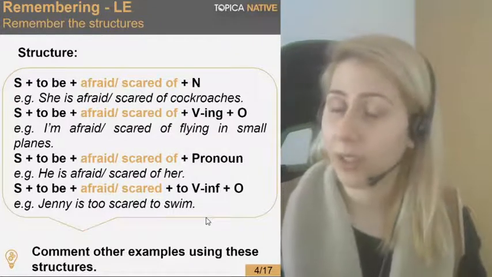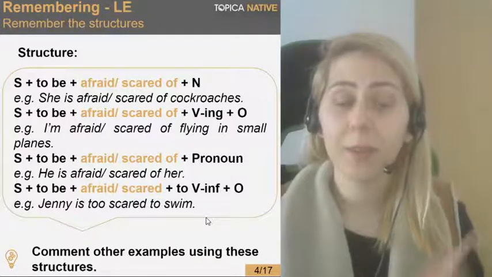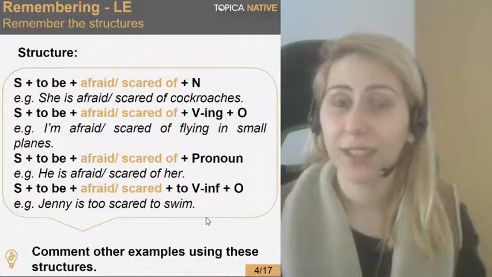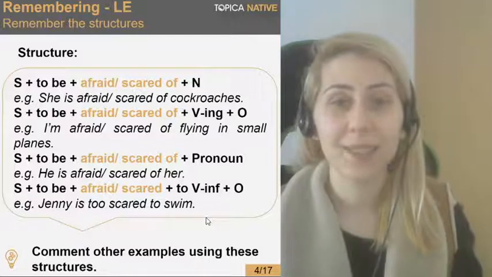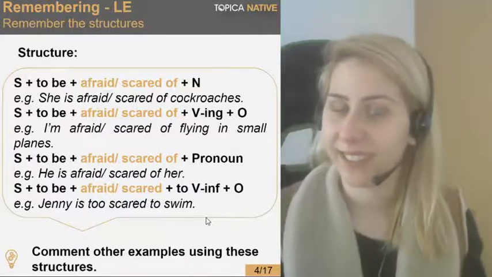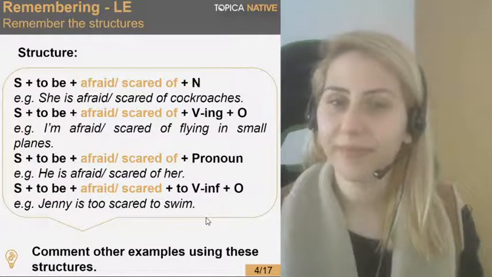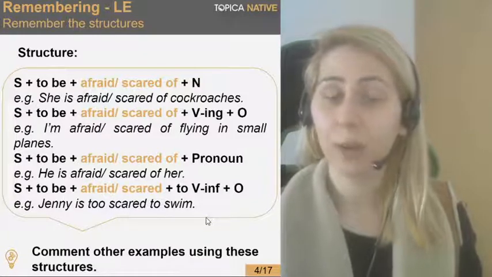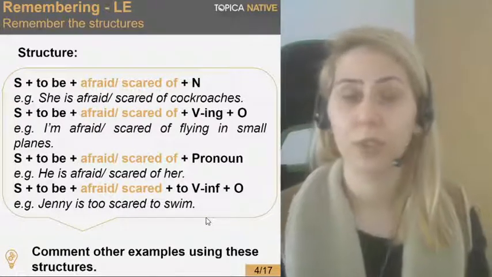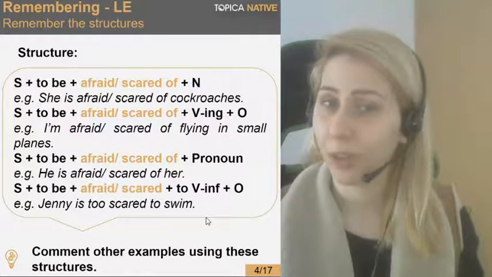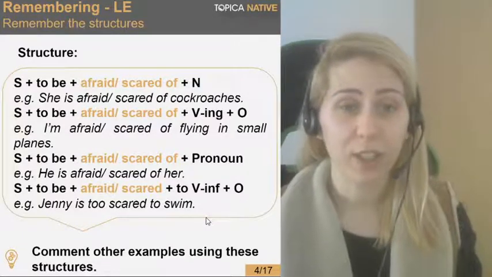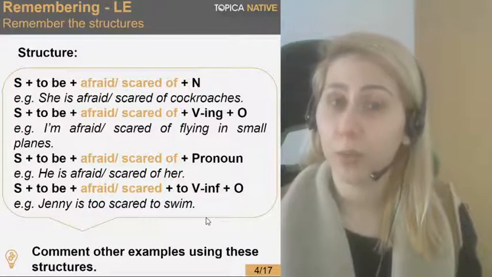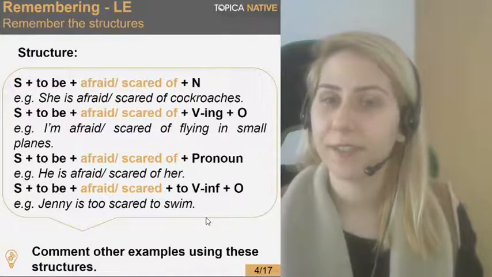We will go into details about it a bit later, but let me see, how would you guys use these structures to make some examples? Let's see some sentences in the chat box so we could practice. How would you use one of these? You can choose whichever you prefer. You can use a noun, a verb with ing, a pronoun, or a to plus infinitive.